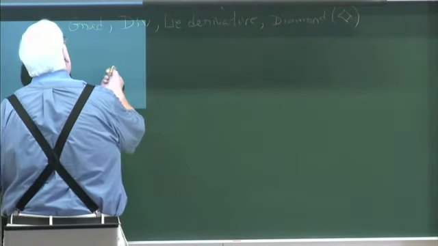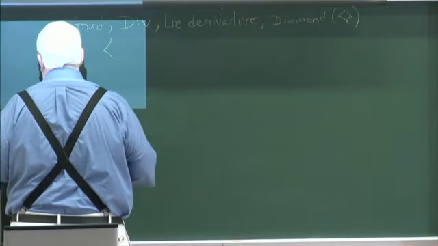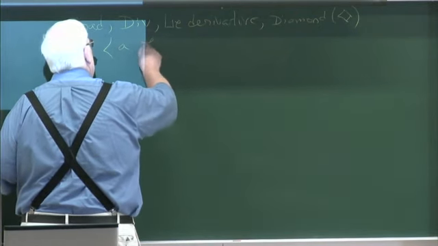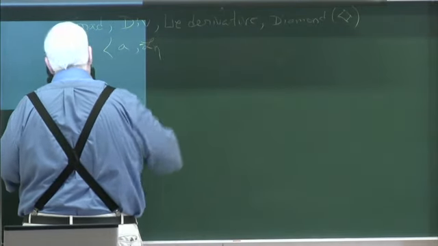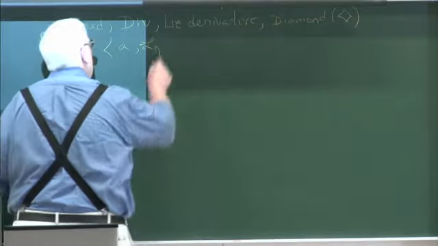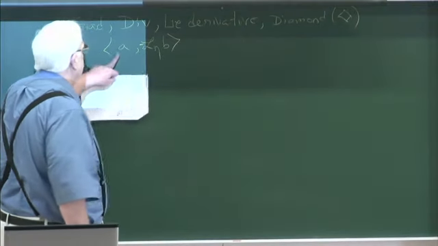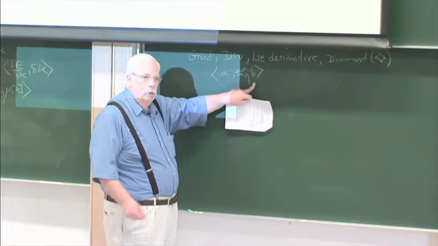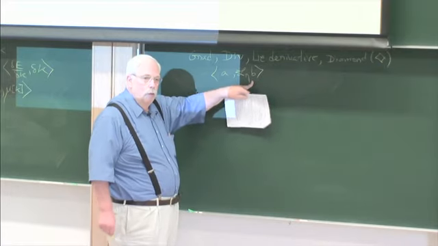Okay, so consider a pairing of the quantity A with minus the Lie derivative with respect to a vector field eta acting on B, where A and B are dual to each other in the sense of, for example, that's a contravariant vector, that's a covariant vector.